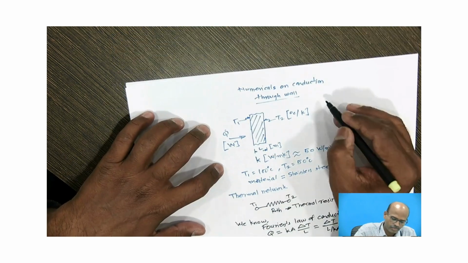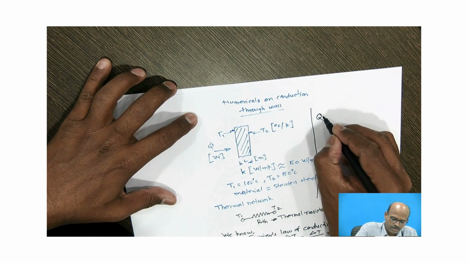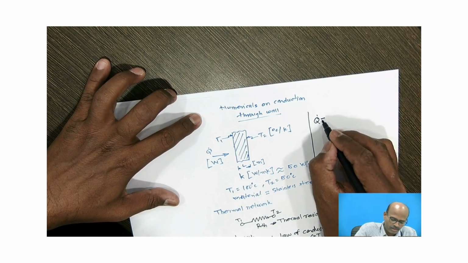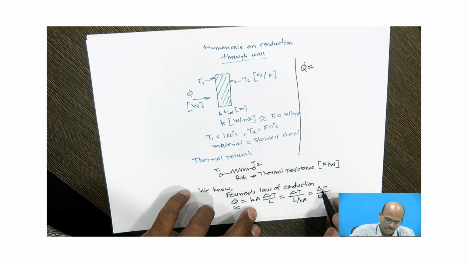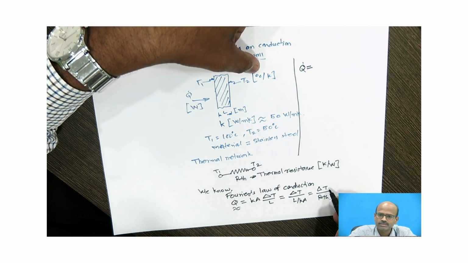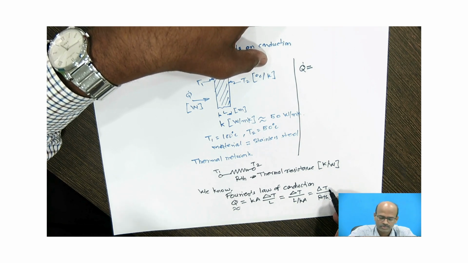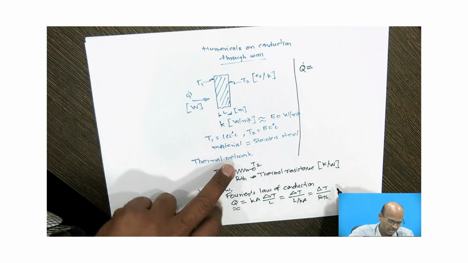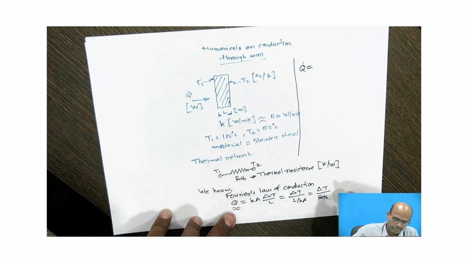Then rate of heat transfer is equal to, so here in the numerator delta T is the temperature difference. If you are taking temperature in degree Celsius or in Kelvin, the difference will be same. So as here the temperatures are in degree Celsius, I will take it, there is no problem for that.